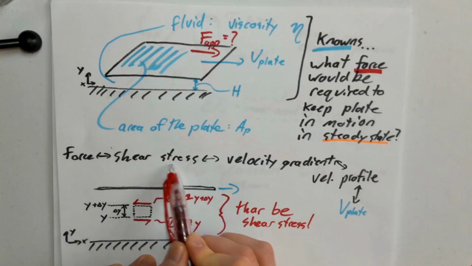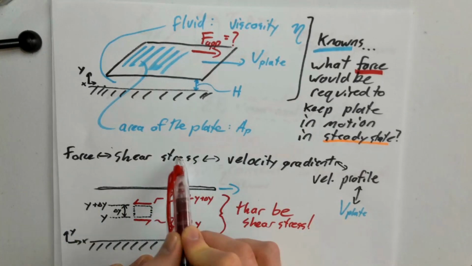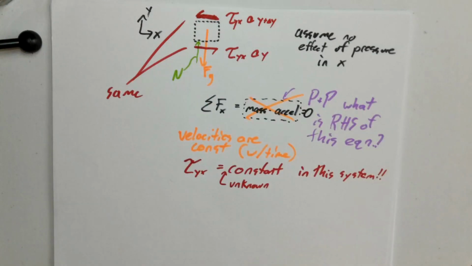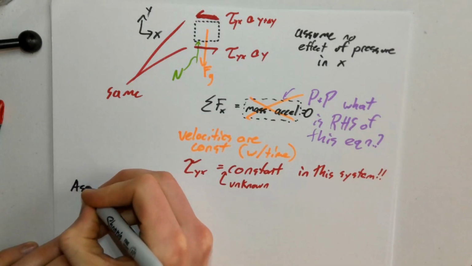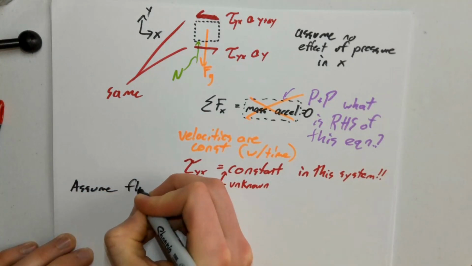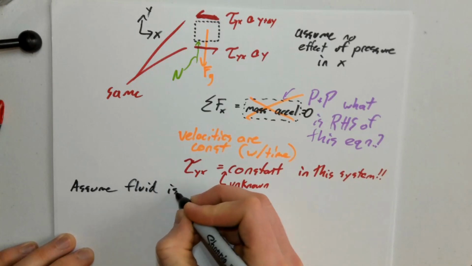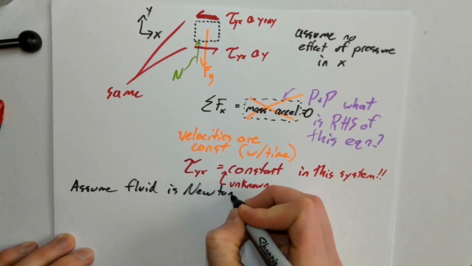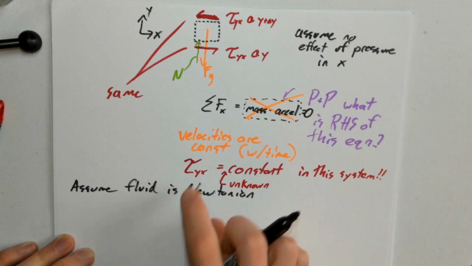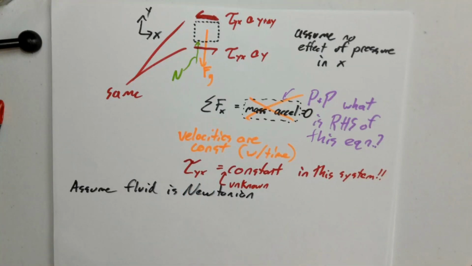So let's try to work out this relationship between shear stress and velocity gradient. If you look back in the notes, if we assume this fluid is Newtonian, there's a relationship between shear stress and a velocity gradient that we can use.